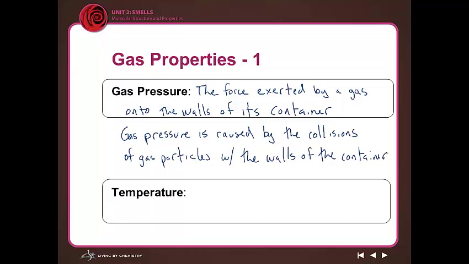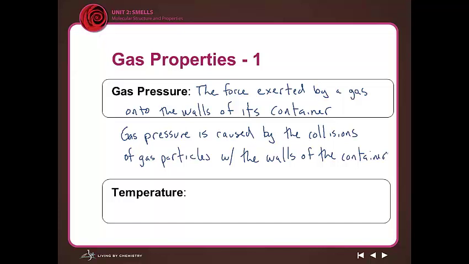So basically, gas pressure is collisions of the gas with its container. I don't know if you can hear this, but I'm drumming on the table. So I'm putting pressure on the table with these collisions. You think about the individual gas particles hitting the wall millions of billions of trillions of times per second, and that is where the gas pressure comes from.